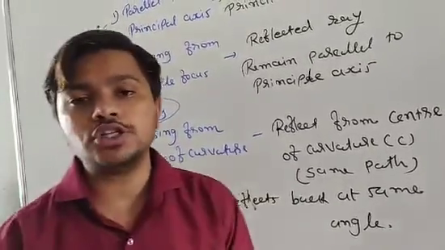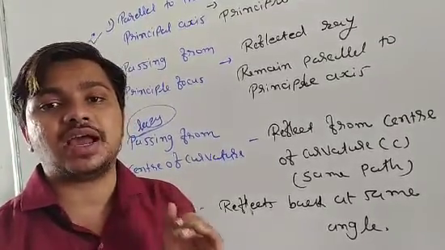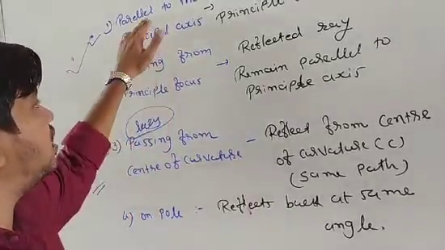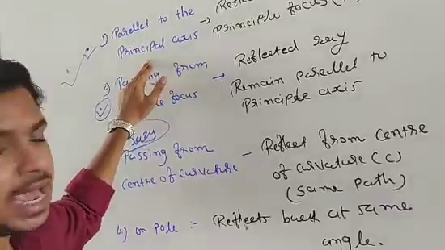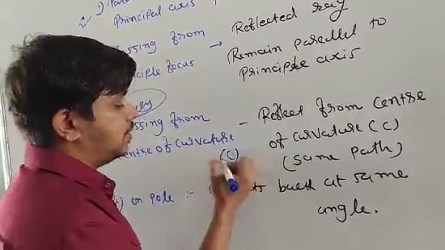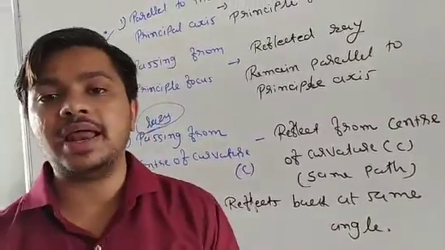So, when you want to form an image with the help of a spherical mirror, you have to use the first ray, parallel to the principal axis, and the third one, passing through the center of curvature C. These two rays should be used for forming an image.